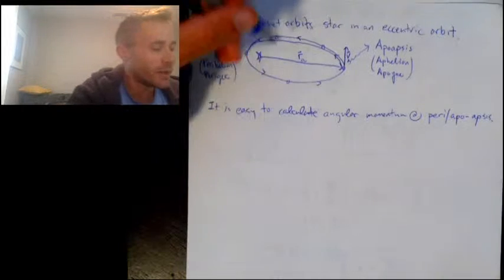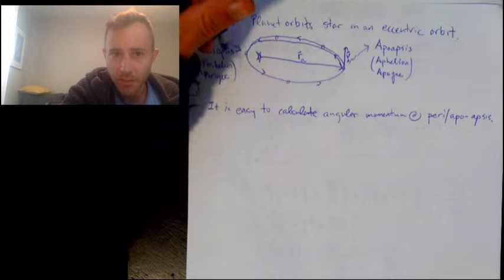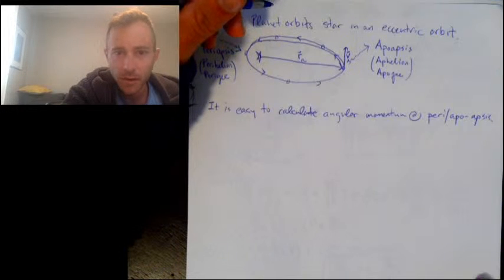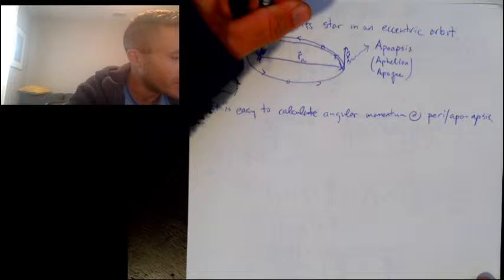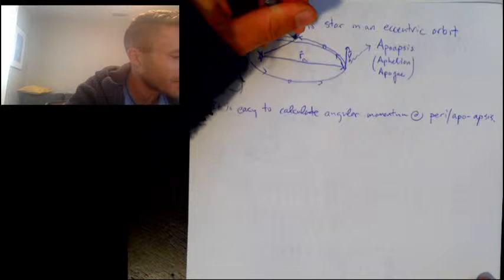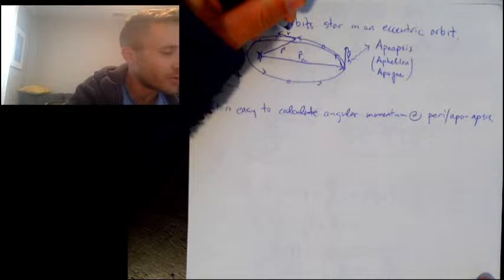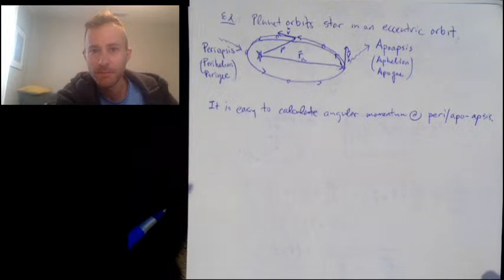If we looked at a point in the orbit that is not the apoapsis or the periapsis, maybe your r vector would be like this, and then your velocity vector is tangent to the orbit. You can see that these are not perpendicular.